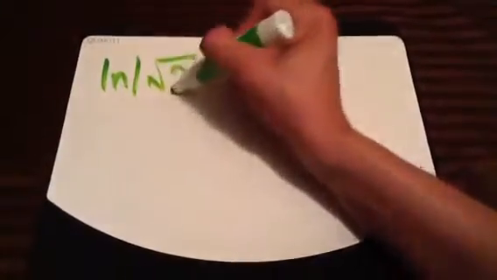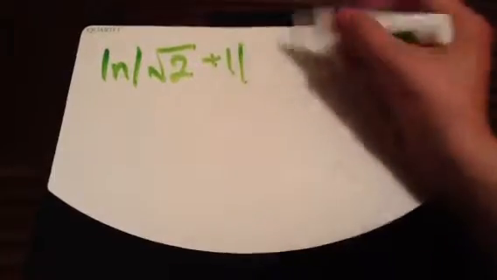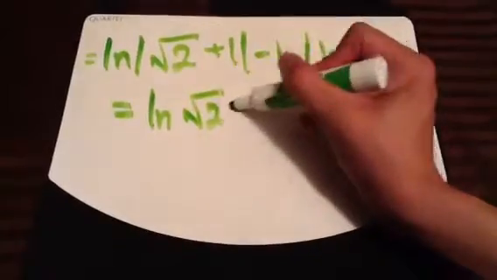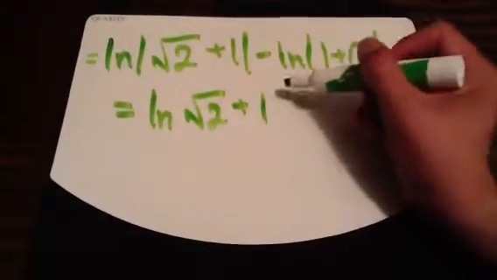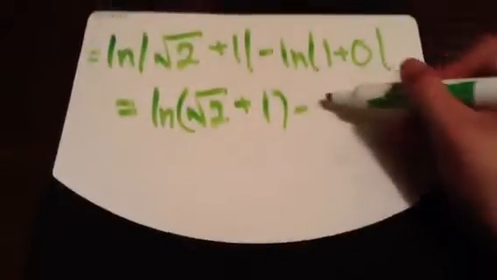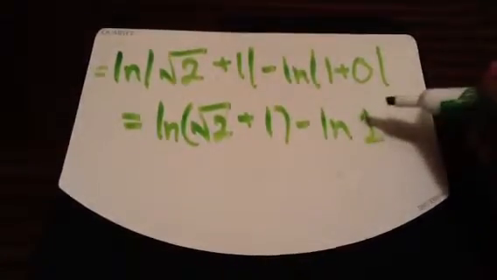And if we simplify all of that, you get ln of the absolute value, still, of square root of 2 plus 1, minus ln of 1 plus 0. So that is ln of square root of 2 plus 1 minus ln of 1.